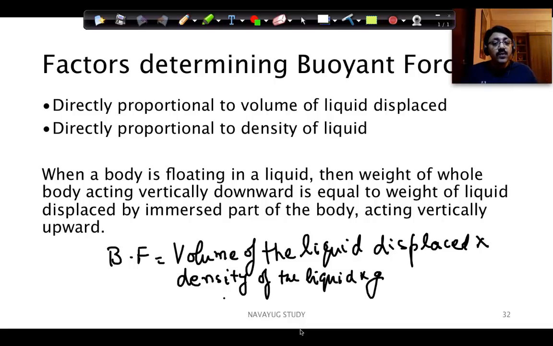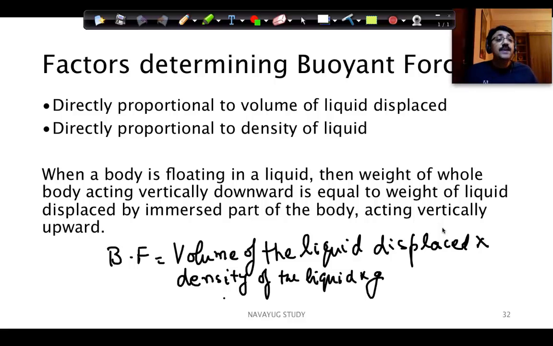So if you look at the ratio and proportions in mathematics that you learned, I can say the buoyant force is directly proportional to the volume, because if the volume of the liquid displaced increases, the buoyant force will increase. If the density of the liquid increases, then also buoyant force will increase, right?